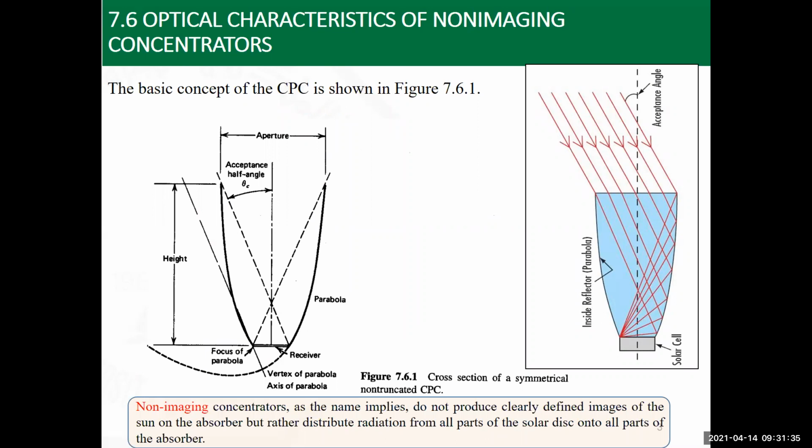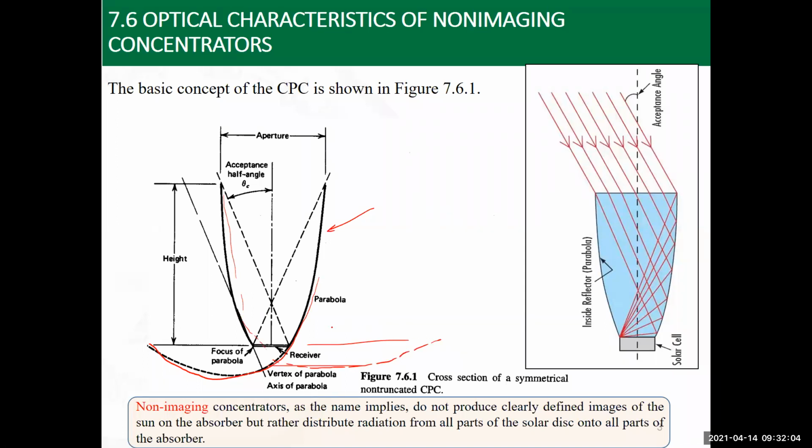Look at the left side figure, and what you can see is a part of a parabola. But you are not considering the whole parabola, which would have a surface extended like this, and the other one would have a surface extended like this.